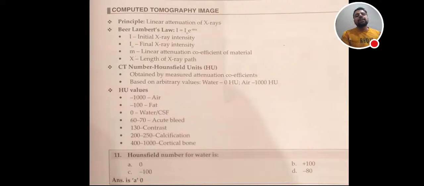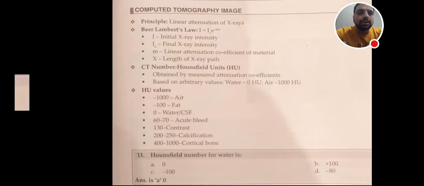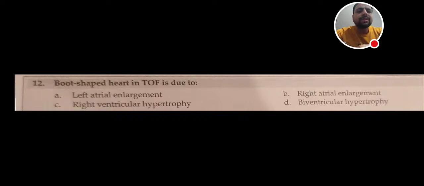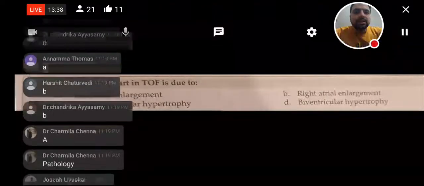And if you are very lucky, they can repeat this question, but not this year, maybe in 2022, about water. Now, the boot-shaped heart in tetralogy of Fallot is due to left atrial enlargement, right atrial enlargement, right ventricular hypertrophy, or biventricular hypertrophy. So which one is the best answer here?